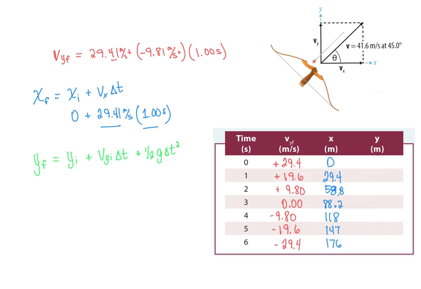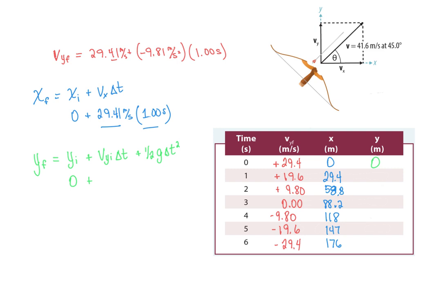Now we have an initial velocity on y that's going to affect it. So as I calculate this, again, my initial position, unless they tell me otherwise, we're going to assume that it is a 0. So over here, we're going to assume that y initially was 0. And then how is it affected over the course of 1, 2, 3, 4, 5, 6 seconds? So initially, I'm going to say 0.